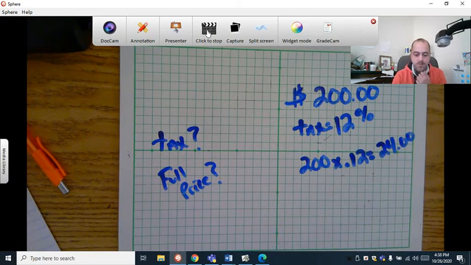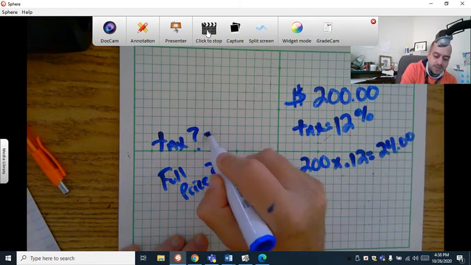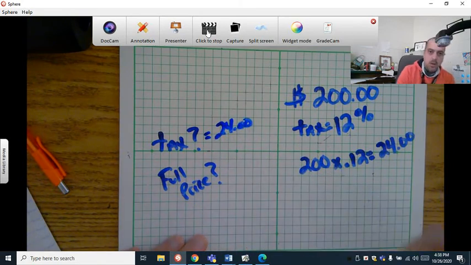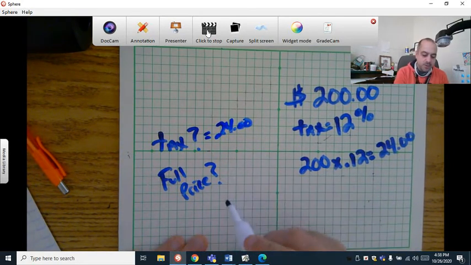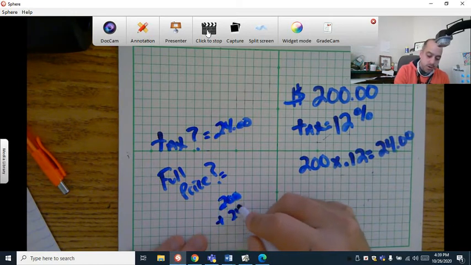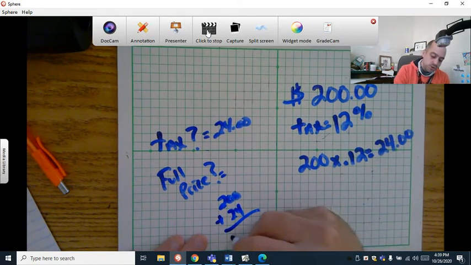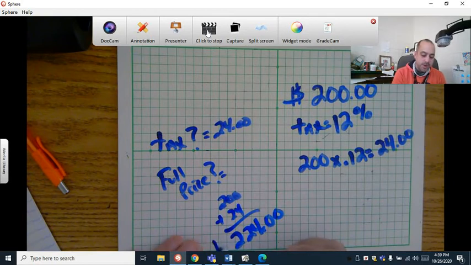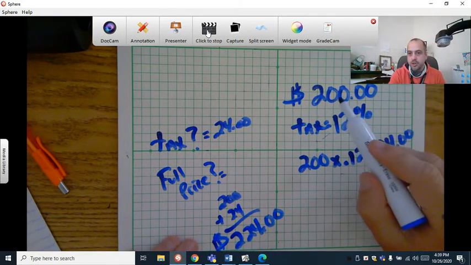All right? So the tax is $24, which means the full price is going to be 200 plus 24, $224. So the shoes went from being $200 shoes.